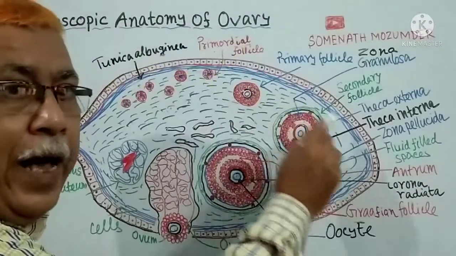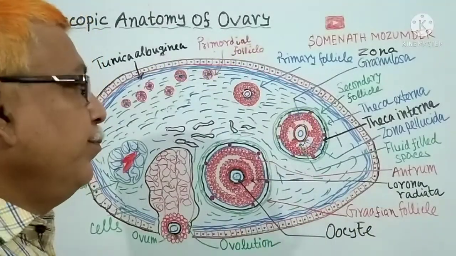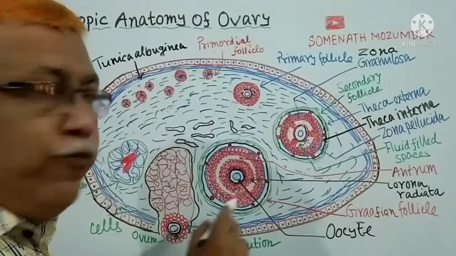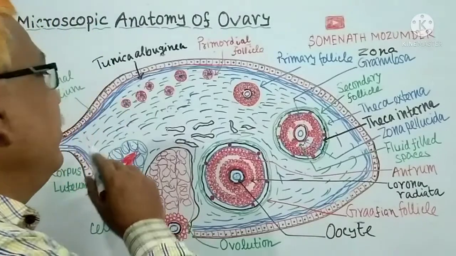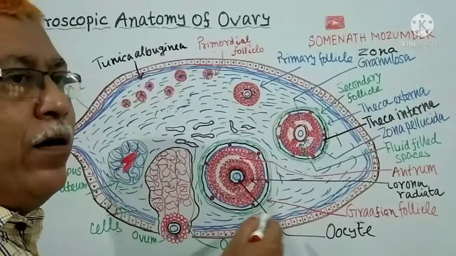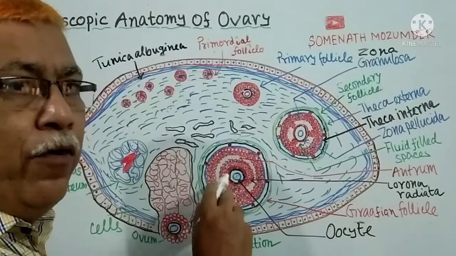This diagram shows transverse section of human ovary. Let us try to identify different parts of human ovary.